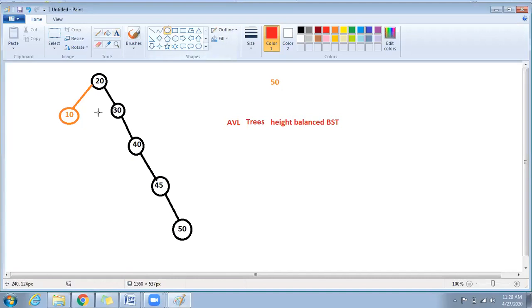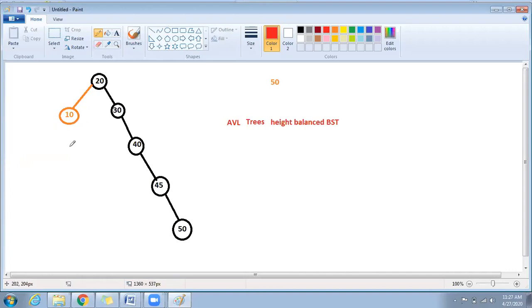So what is the left side height here? 0, ma'am. Others can also answer, please. What is the left side height? 0. What about the right side? 0. So what is the height difference?